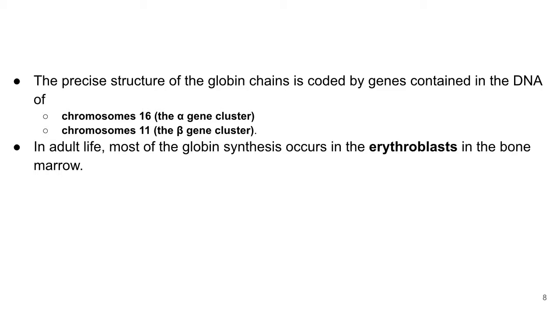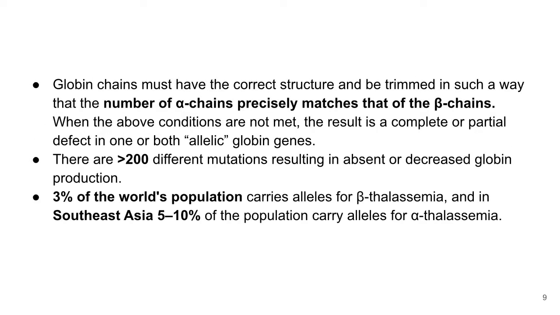In adult life, most of the globin synthesis occurs in the erythroblast in the bone marrow. Globin chains must have the correct structure and be synthesized in such a way that the number of alpha chains precisely matches that of the beta chains.